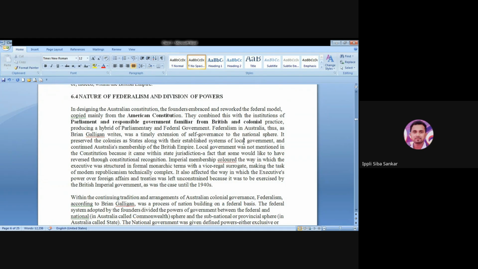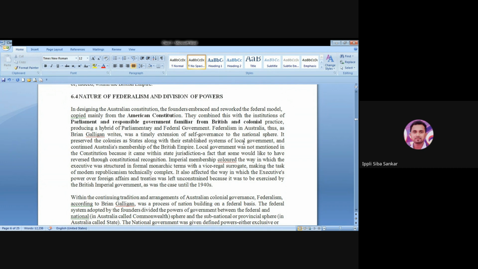Federalism in Australia, Brian Galligan writes, was a timely extension of self-governance to the national sphere. It preserved the colonies as the states along with their established system of local government and continued Australia's membership of the British Empire.